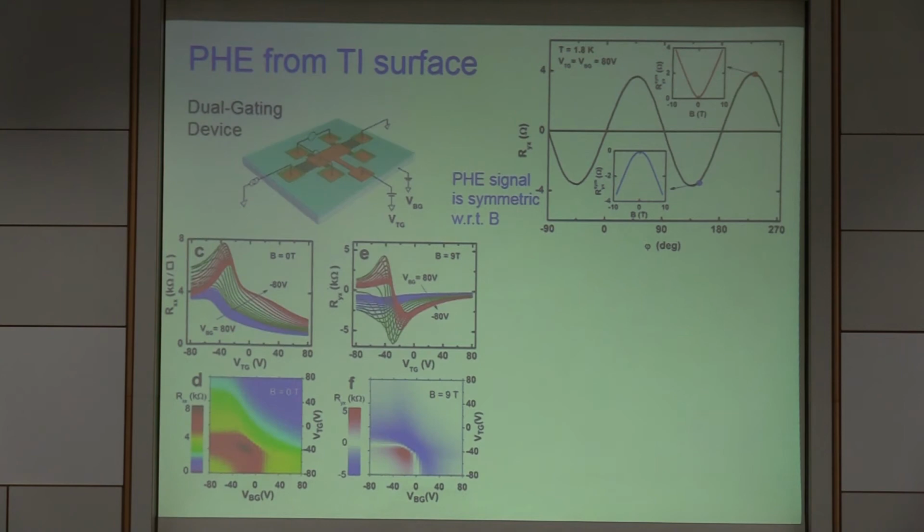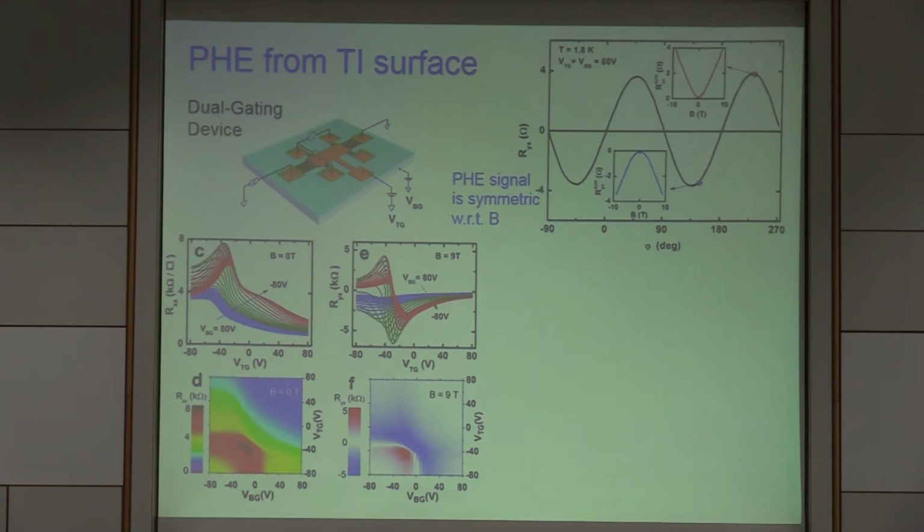Okay? Yeah. And we have been able to make a device on which both the top surface and the bottom surface can be gated, so that we can control the chemical potential of the top surface and the bottom surface independently. This is dual gating. And this is the gate voltage dependence of the longitudinal resistivity, and this is the gate voltage dependence of the Hall resistivity.